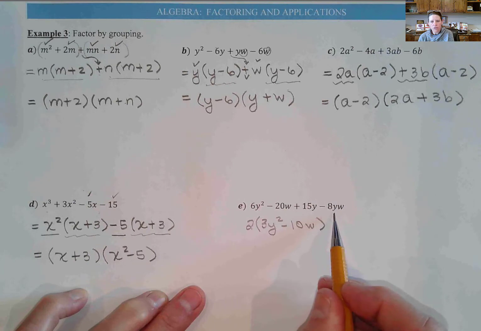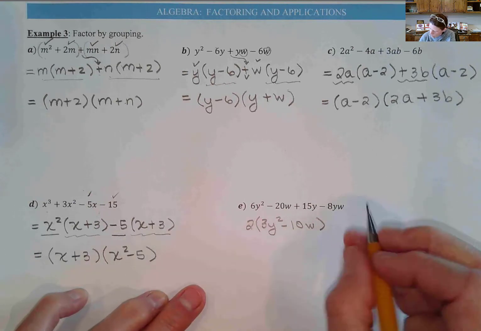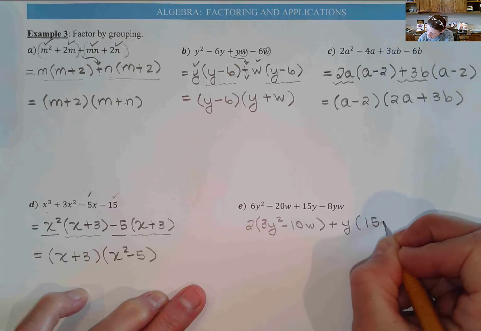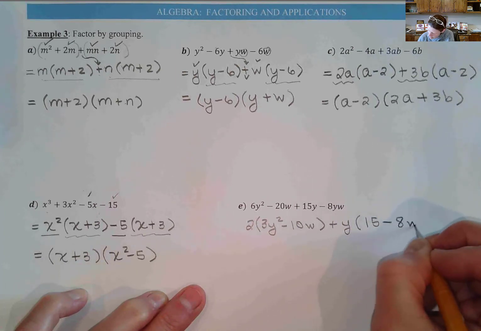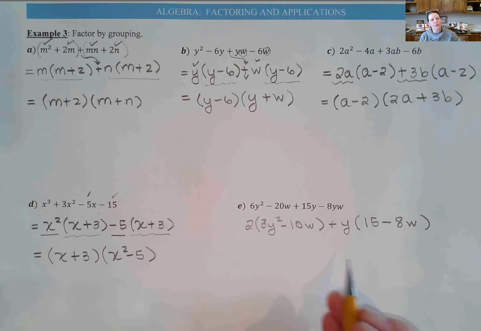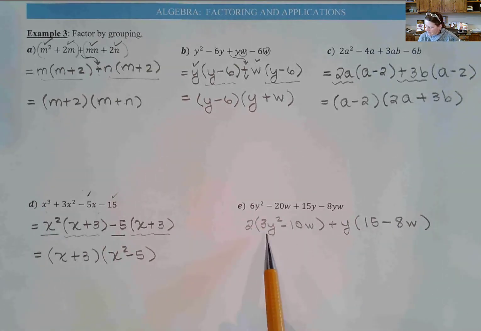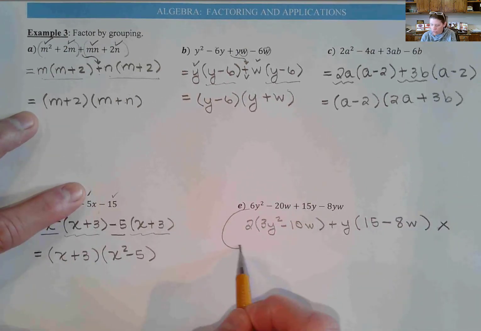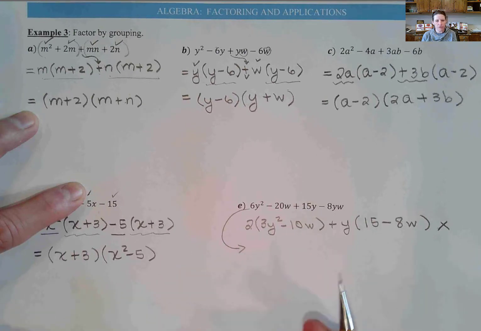And our second two terms have common factor y times 15 minus 8w, but we've got a problem here, don't we? Our factors in parentheses in each term aren't the same, and so we cannot proceed to the next step. So that didn't really work out, so let's come back to the drawing board and try something different.